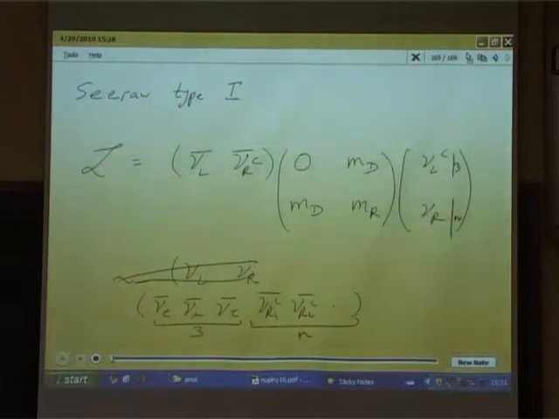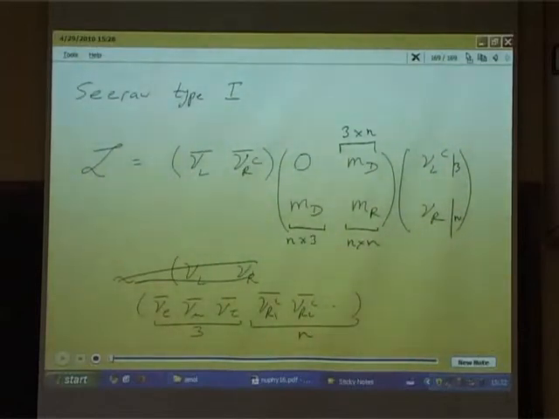Then this M_R is going to be an n by n matrix, so it combines nu_R and nu_R. What are the dimensions of this M_D? Three cross n, with 3 rows and n columns. This matrix would be n cross 3.